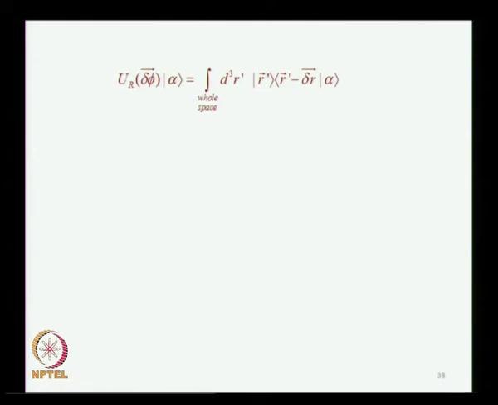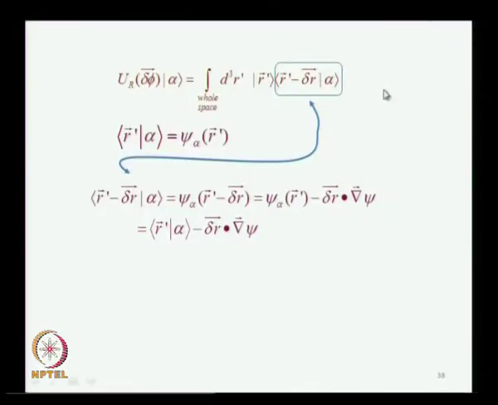Now you have got alpha at r prime minus delta r, and you know the connection between the Dirac representation and the Schrodinger-de Broglie function representation. Okay, psi alpha of r is nothing but the coordinate representation of the state vector alpha. So when you have the argument r prime minus delta r, which is what you have in this integrand, you are looking at the function psi at a coordinate r prime minus delta r.